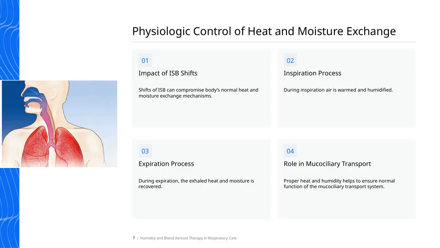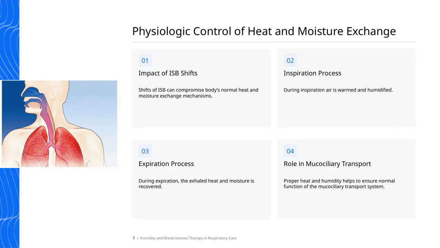Let's talk about the physiologic control of heat and moisture exchange. Proper heat and humidity are crucial because they help ensure the normal function of our mucociliary transport system, which plays a vital role in clearing mucus and debris from the airways. During expiration, the heat and moisture from the exhaled air are actually recovered, which helps conserve the body's heat and moisture.